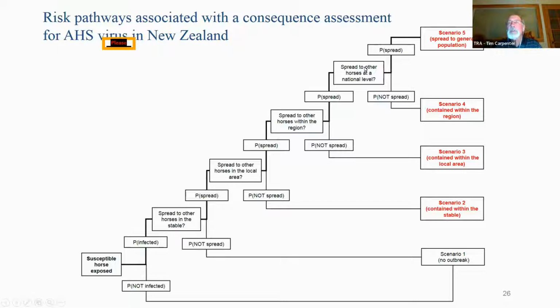And as it spreads up the ladder, the consequence becomes more dramatic, as you can see on the far right-hand side here. The ideal situation, and probably the more likely situation, is that it will not spread to another animal, or if it does spread to another horse within the stable, it'll be controlled and no outbreak would subsequently occur.